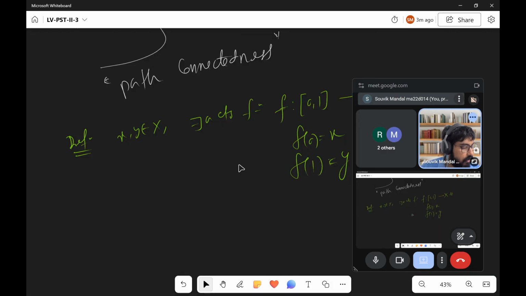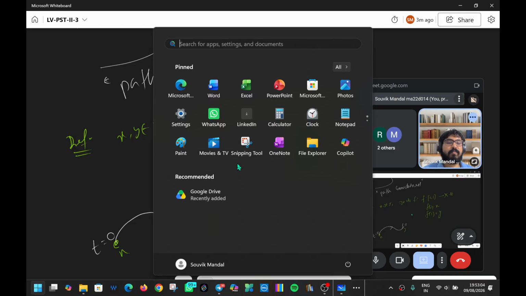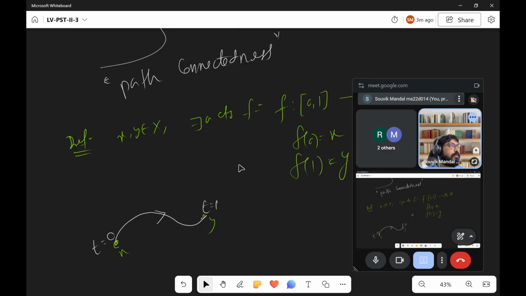That means if we have 2 points x and y, we get a continuous map which starts at x, that is t equal to 0, and ends at y, t equal to 1. This is what path connectedness means. Is it clear? Yes.